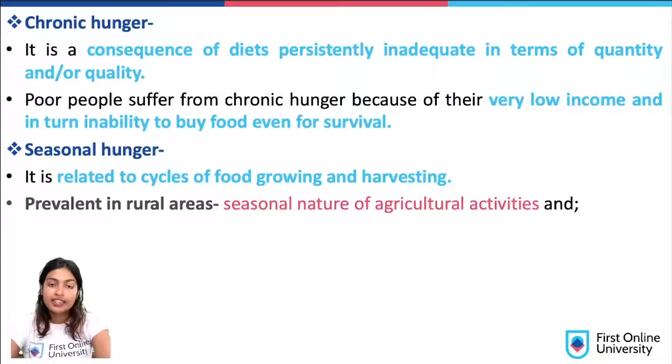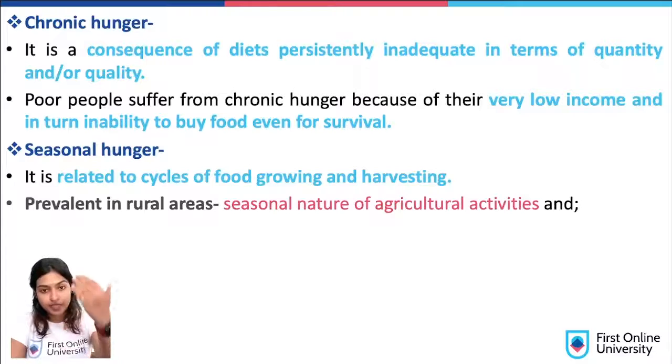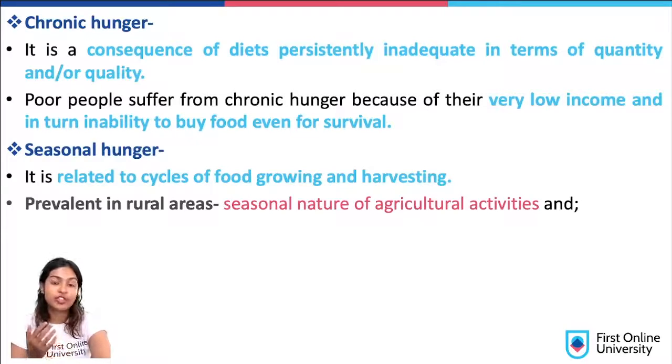The season for harvesting is when food is available, but when the season for growing is there, there is not enough food available in the market. So that is when you have seasonal hunger in the agricultural sector. And you should also know, in rural areas agricultural employment is extremely high, so this kind of hunger is highly prevalent in rural areas.